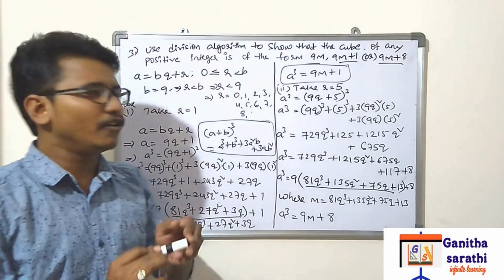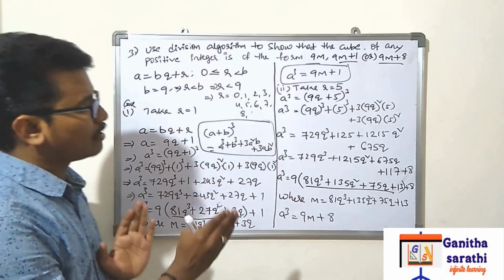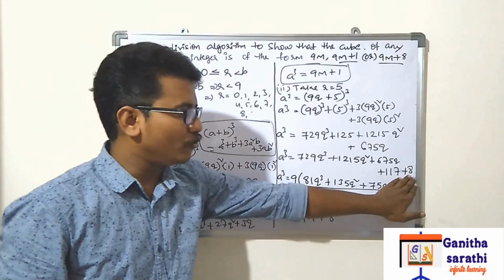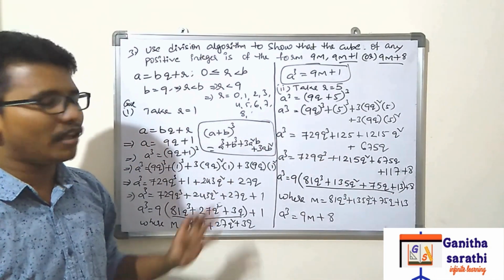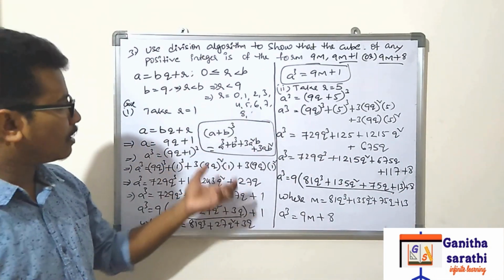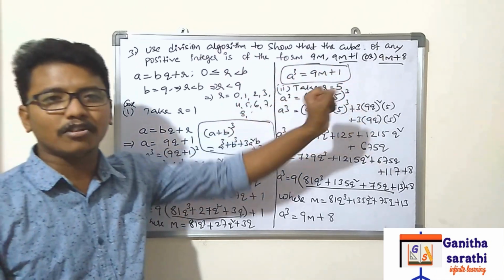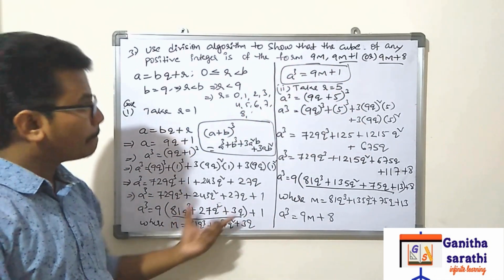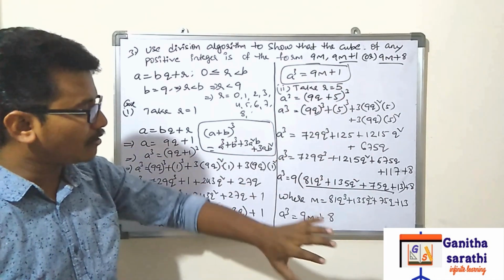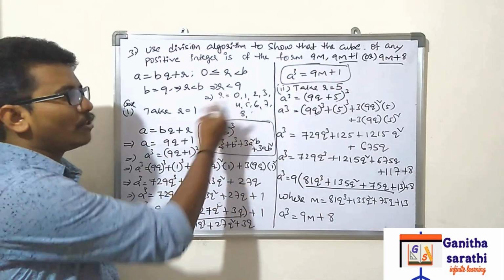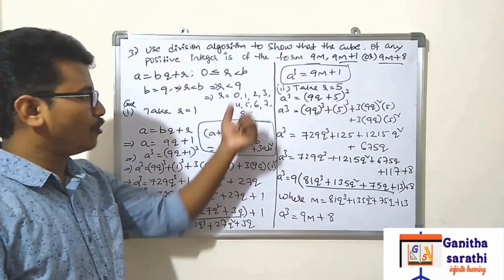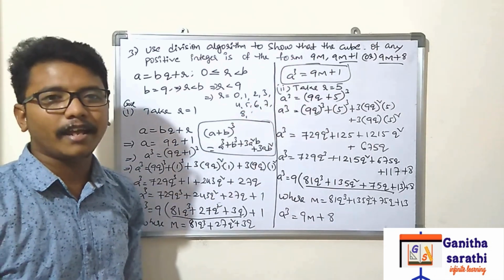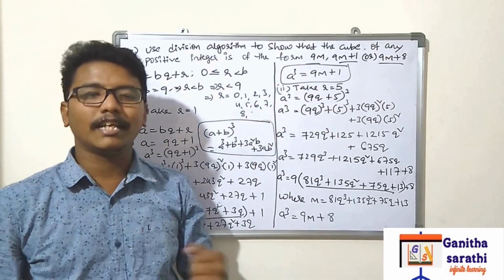You can take any value, but at last you should check like this. If you check like this, then only you can solve the problem. So the cube of any positive integer is of the form 9m plus 1, we are showing, and also 9m plus 8. If you take 0, you will get 9m. Now let us move on to the next problem.